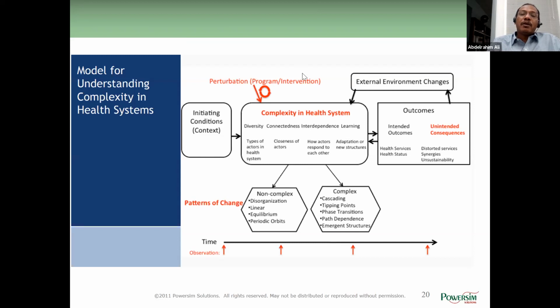And if a program or intervention is introduced in this complex system, you will have some intended outcomes, but usually you will have unintended consequences of these interventions, like distorted services or the synergies of the effects or the unsustainability of the interventions. And we can see that in these vertical programs where resources are pooled to address, for example, only malaria or only polio or only TB.